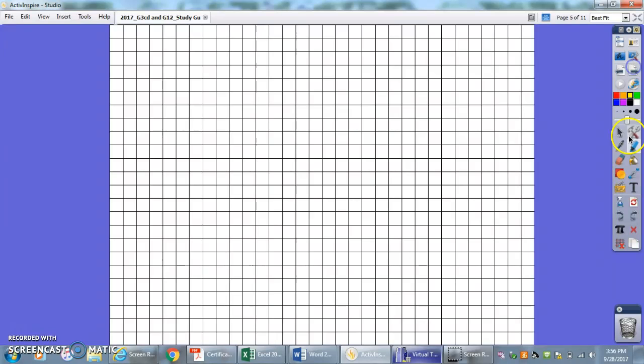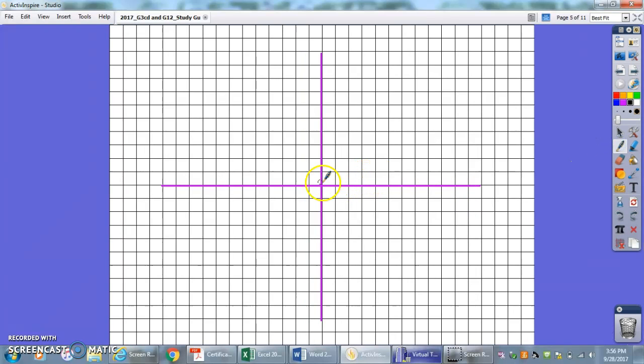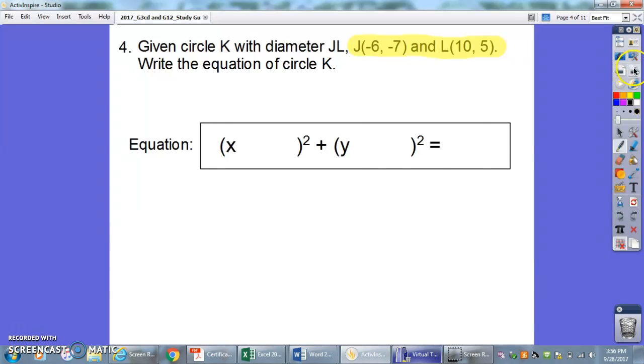Negative 6, negative 7. Let me get our y-axis and x-axis real quick. Alright, negative 6, negative 7. It's right here. And the other point is 10, 5.